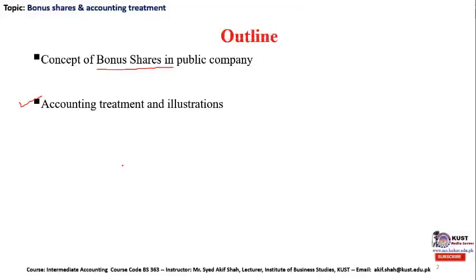As we are following the double entry accounting system, at the time of issuance of bonus shares there will be a particular account which needs to be debited and the other one needs to be credited at the time of declaration of bonus issuance, and then subsequently debit and credit entries will be recorded for the issuance of bonus shares and making them a permanent part of the capital account.